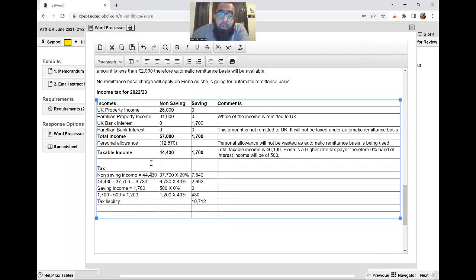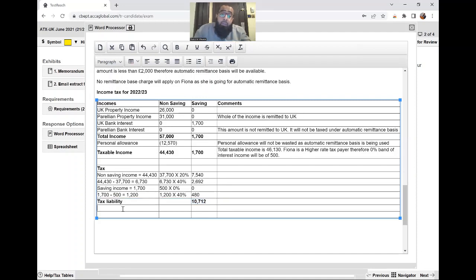On first 37,700, it's 20%. You know that, the basic rate band. And on remaining, it's 40%, 6,730 into 40%. Then there is saving income, which is 1,700. On first 500, it's 0%. And on the remaining, it's 40%. This gives us the tax liability.